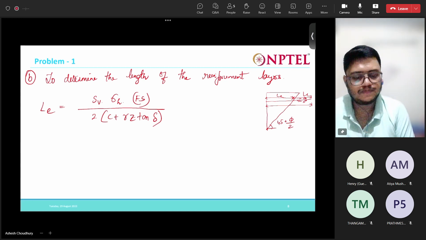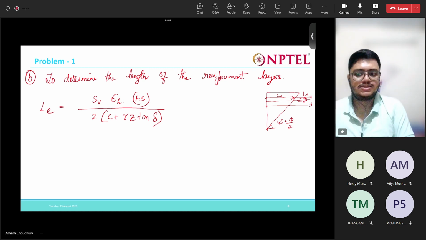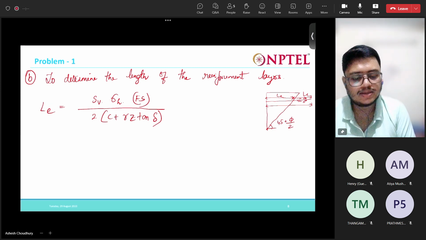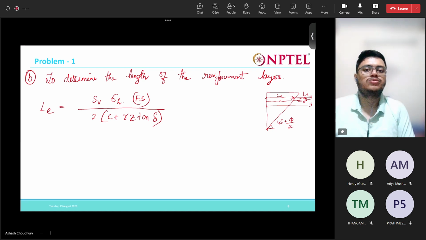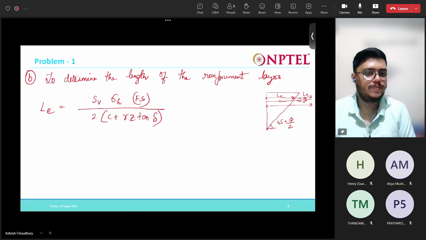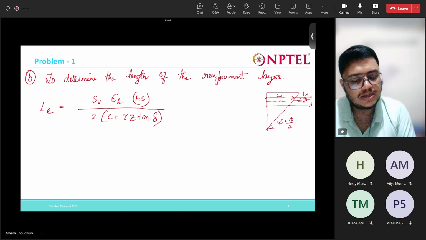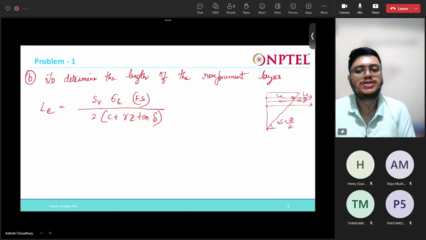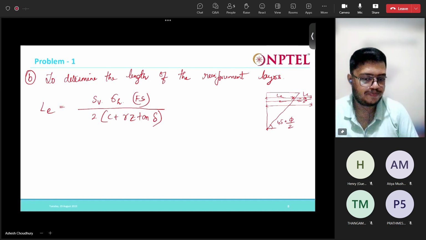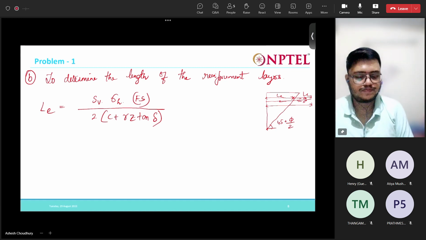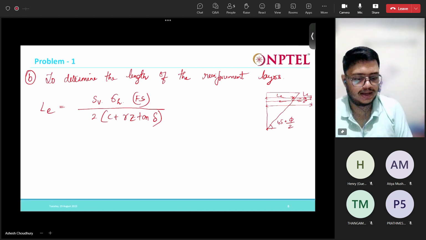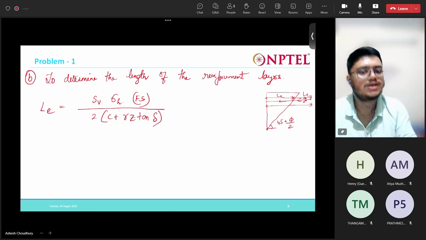So what will happen when there will be a tendency for some loads acting on this reinforcement, right? These loads will try to pull the reinforcement out of the layer. That pulling out should be resisted by the friction or the shear force that is developed at the top and the bottom of the reinforcement layer. And that should be resisted by this embedment length, that is the length of the reinforcement that is outside the active wedge.